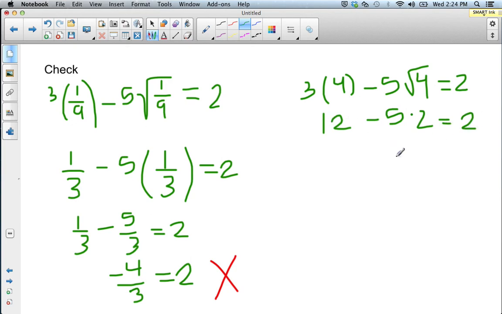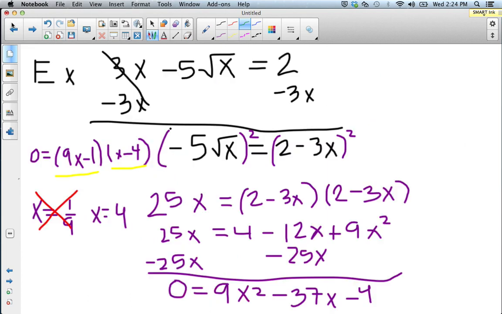We get 12 minus 10, which is 2. 2 equals 2. Check. So this is our solution. And I'll highlight it. There's our solution. X equals 4.